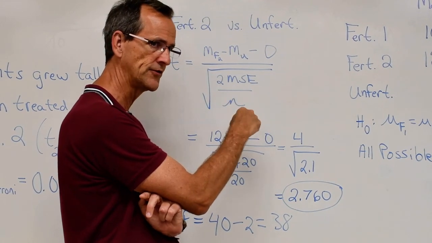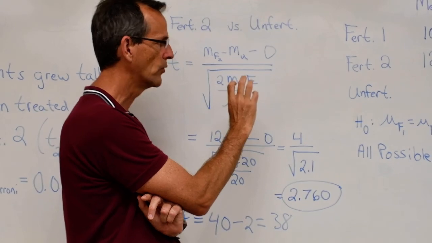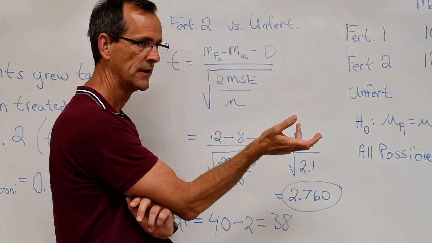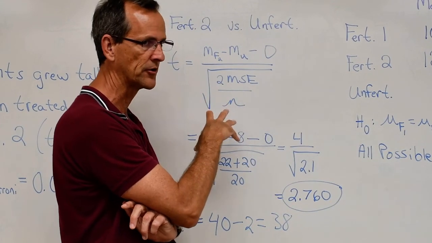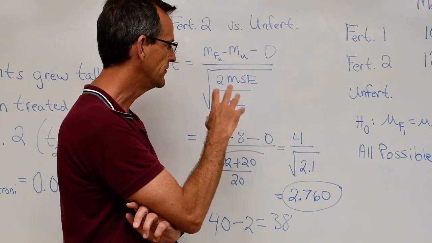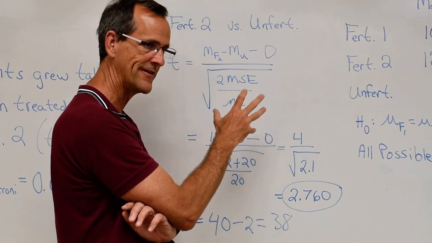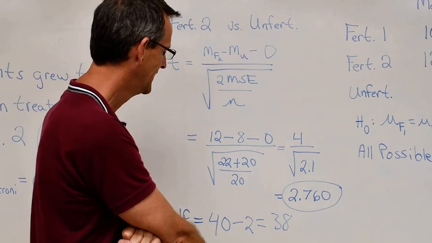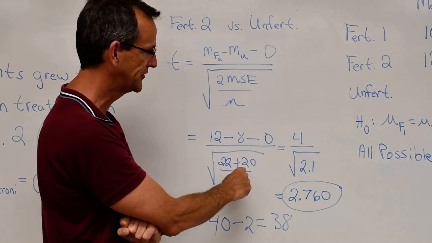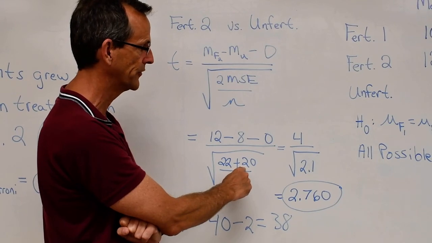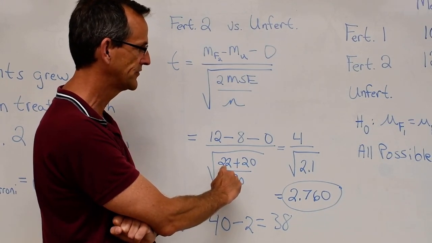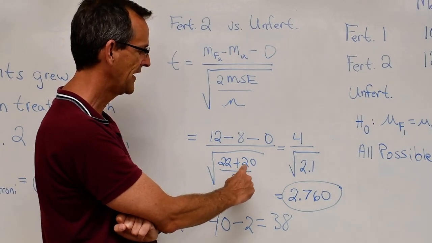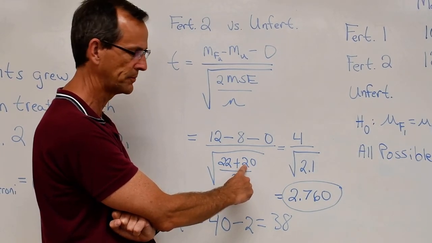Remember, in the Tukey statistic, we were taking all 3 variances and taking an average of them. When you're doing a Bonferroni corrected t-test, you don't do that. Again, you work it just as though it were an independent groups test. So notice we only put in the 2 variances for the groups we're interested in. This is the variance for the fertilized plants using fertilizer 2, and that is the variance for the unfertilized plants.